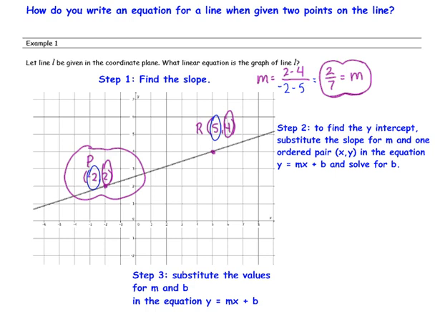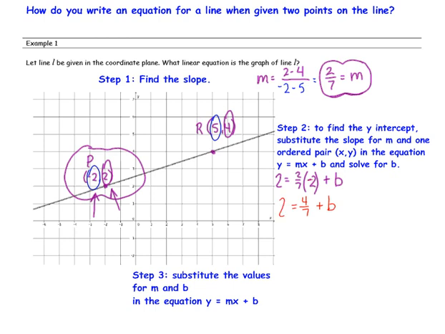So our value for y is going to be 2. Our value for m is 2/7. Our value for x is -2. And b is the y-intercept, which we will be solving for. So we simplify this equation. 2/7 times -2 is equal to -4/7, plus b equals 2.